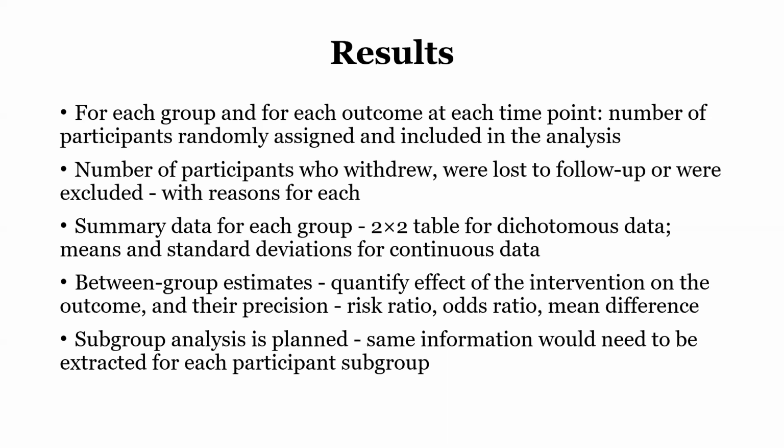And if it is continuous data, mention the mean and the standard deviation for each of the intervention and the control group. Sometimes you could also note down the between group estimates, that is the effect estimates in terms of risk ratio, odds ratio, or mean difference. And then if you want to do subgroup analysis or more advanced analysis, you may have to collect or extract information which is necessary for those kinds of analysis.